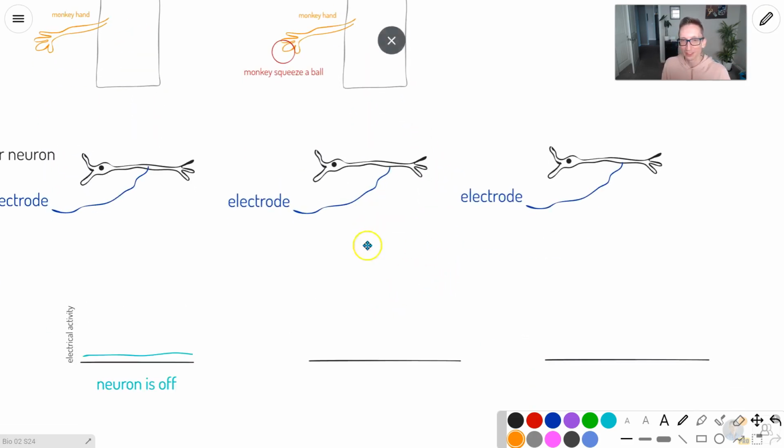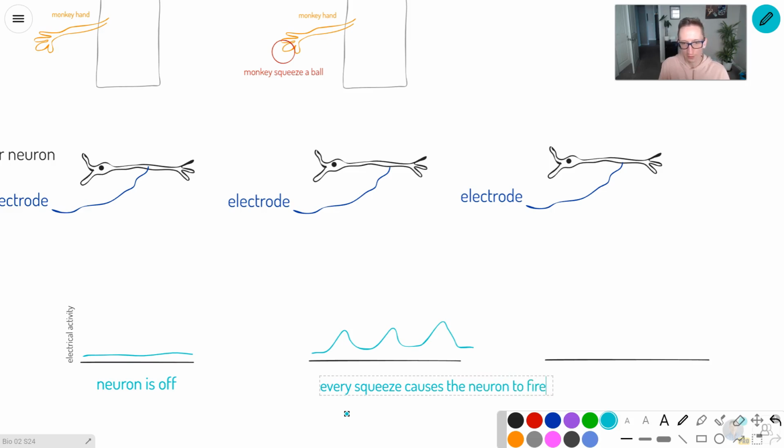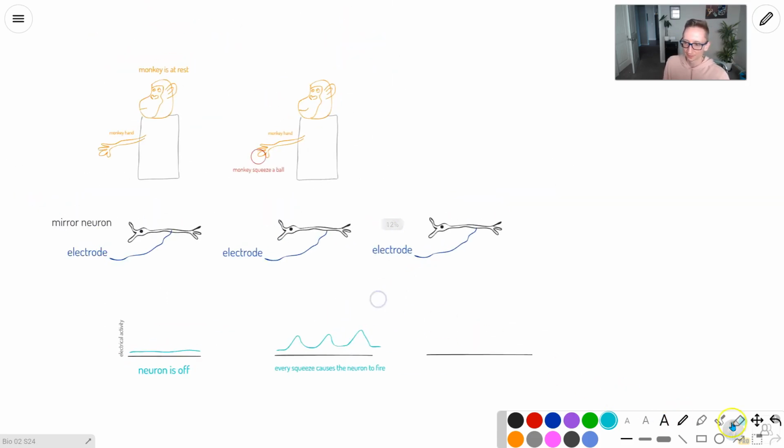Then every time it squeezes, the neurons are going to fire. So it's going to be like whoop, whoop, whoop. Every squeeze causes the neuron to fire. Pretty cool, right? We can measure the electrical activity every time it squeezes.